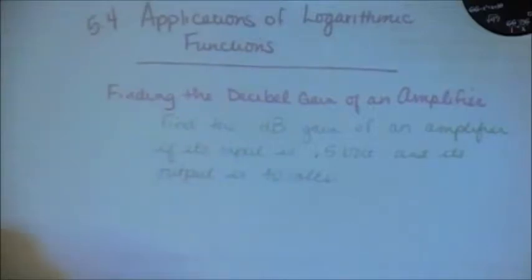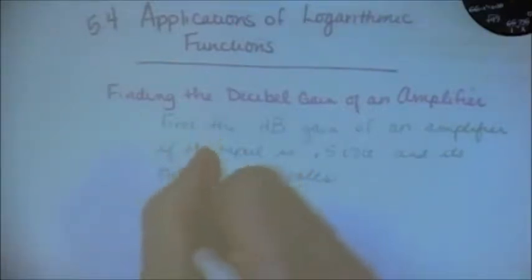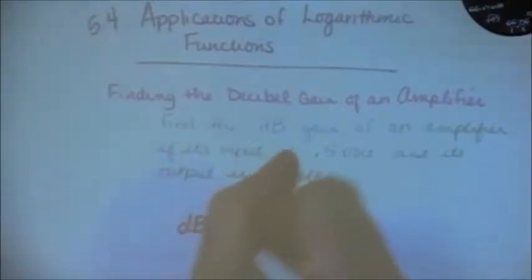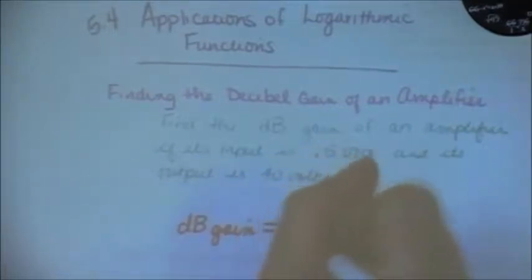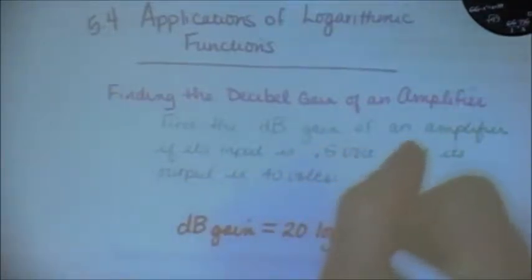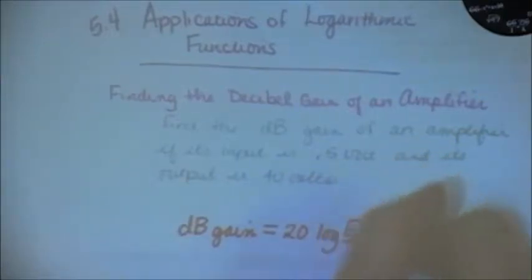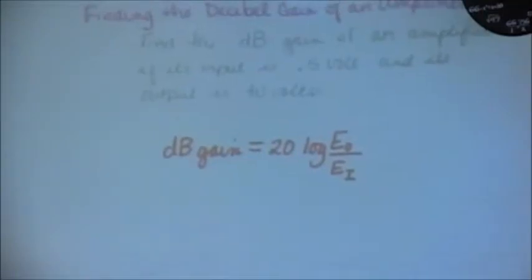There is a formula for decibel gain, and it looks like this. Where EO is your output and EI is your input.